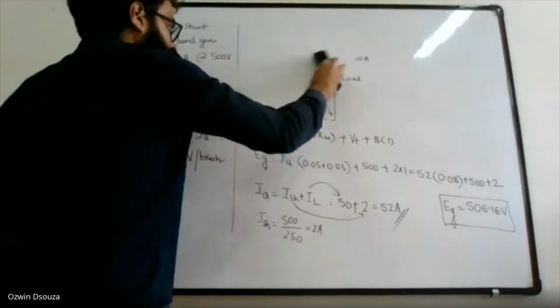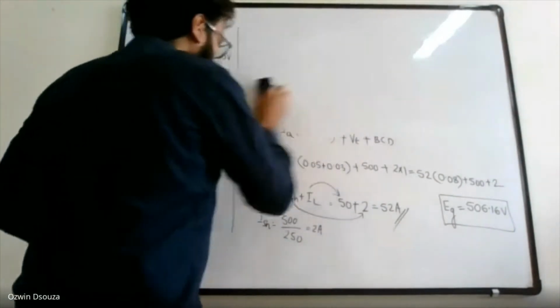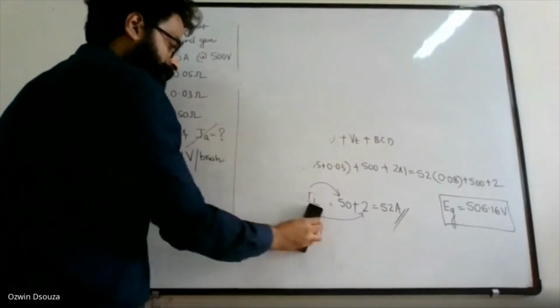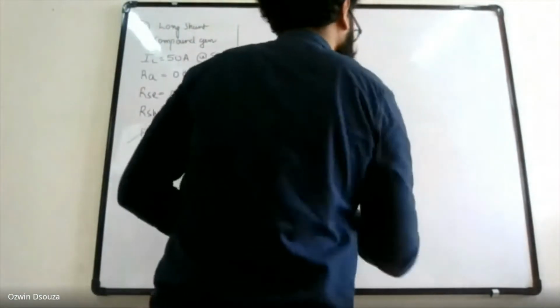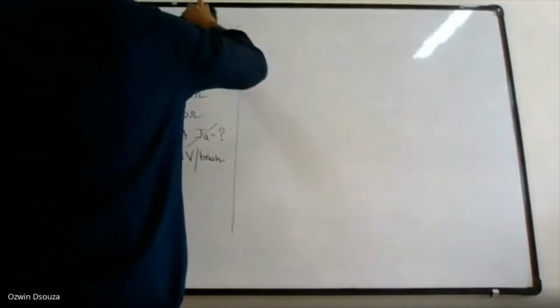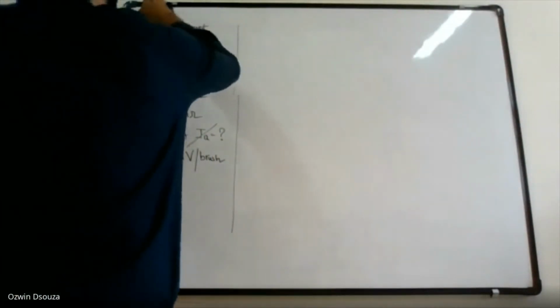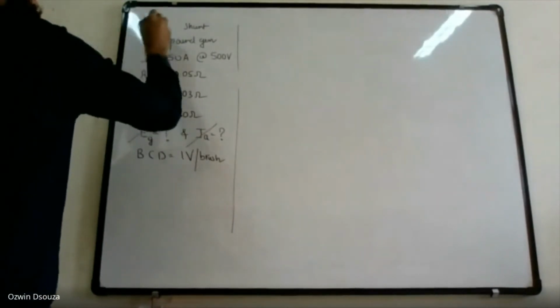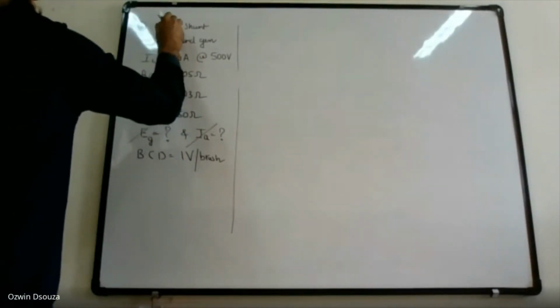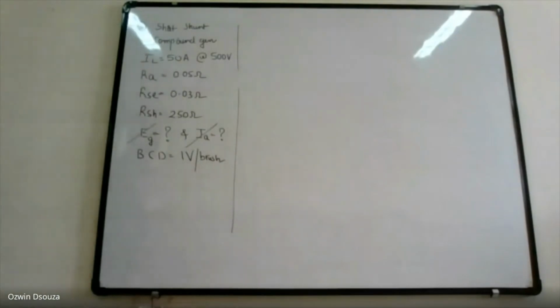Second one, let us consider. The second problem for the day is going to be from short shunt. We have considered long shunt, now let us consider short shunt. The sixth problem in generator is short shunt.